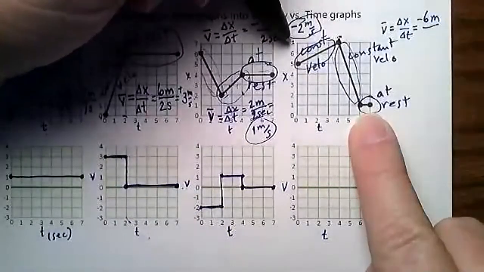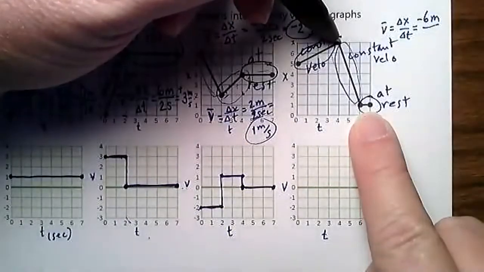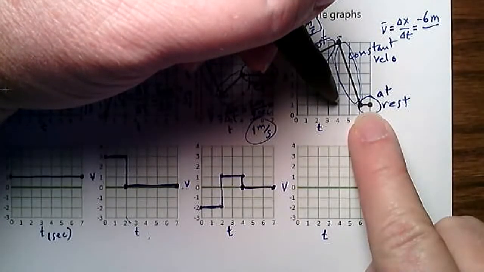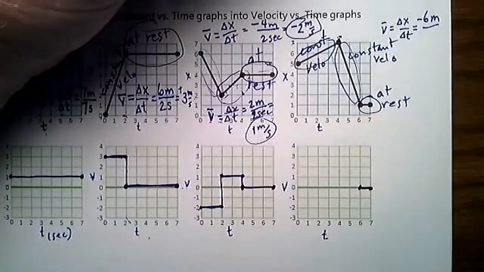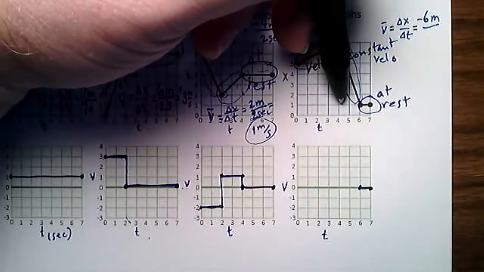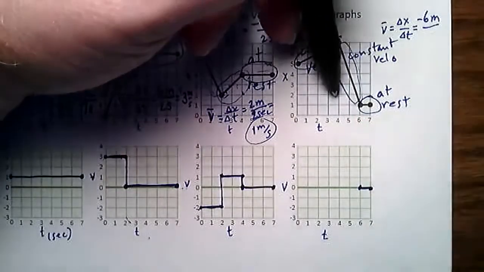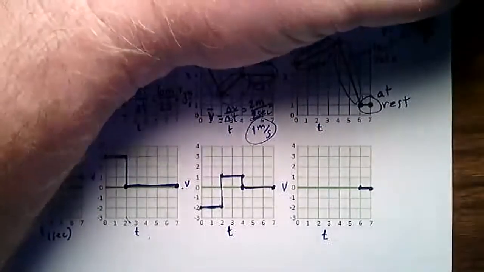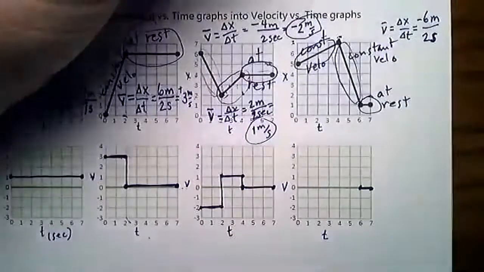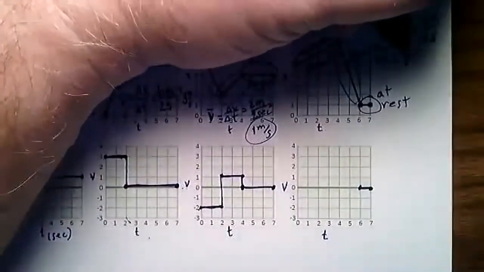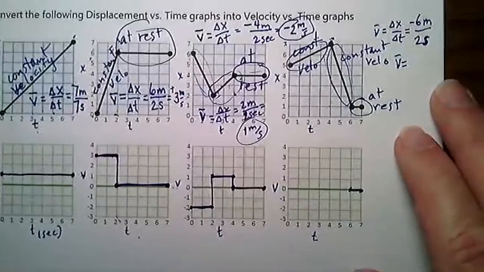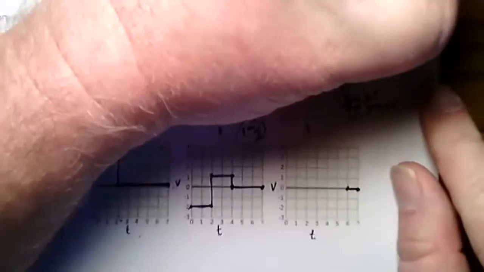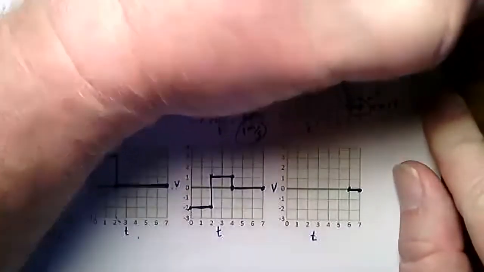Okay? How about the time? What's my change in time? Well, we started that velocity at 4 and we ended at 6. That means my delta t is simply 2. If I do the math, what velocity did we get over here, you guys? Well, -6 divided by 2 is simply -3 meters per second.